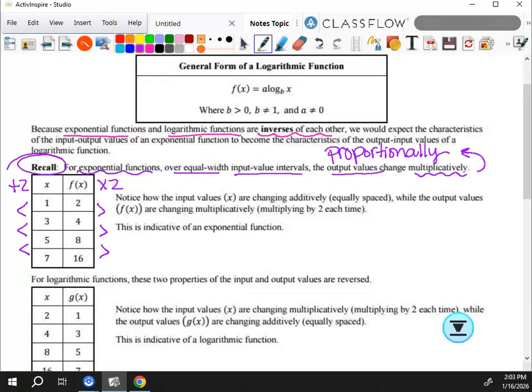That's something that we need to be able to recognize. And it says, notice how the input values are changed. So inputs are changing additively. That's another way of saying equally spaced, or we're adding the same number every time, or equal length input value intervals. All those mean the same thing. While output values are changing multiplicatively. That's indicative of an exponential function, okay?